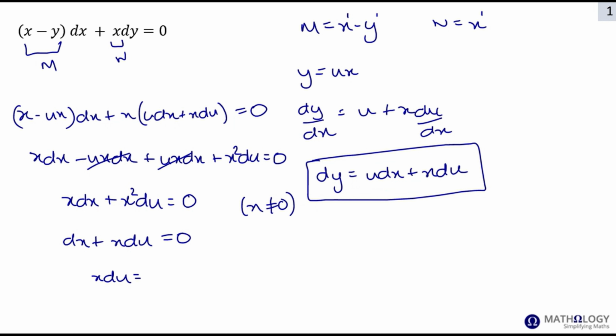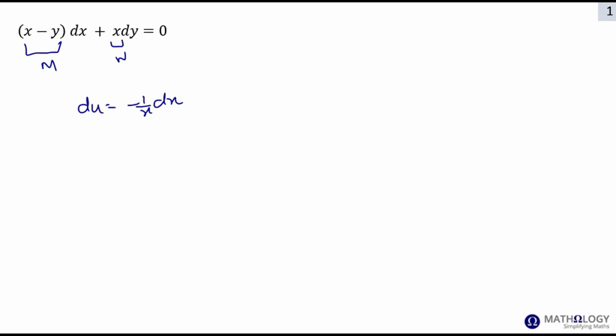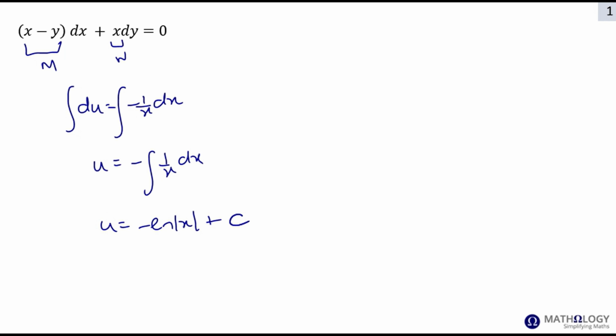x du equals minus 1 over x dx. Now integrate both sides. So we will have u equals minus the integral of 1 over x dx, u equals minus ln x plus the constant of integration.